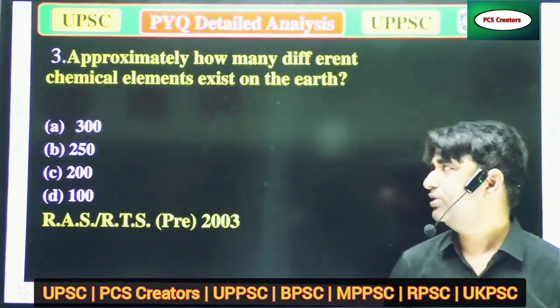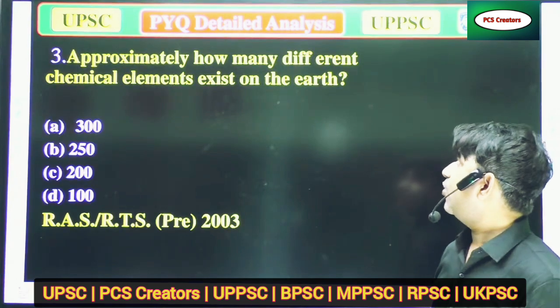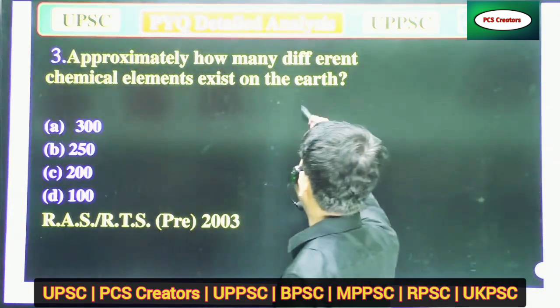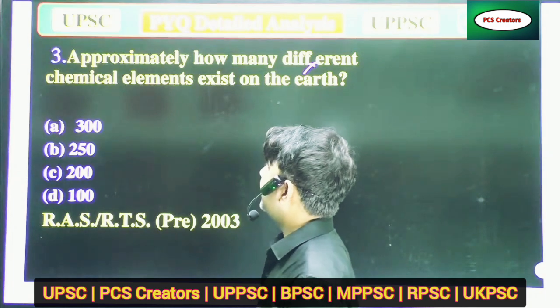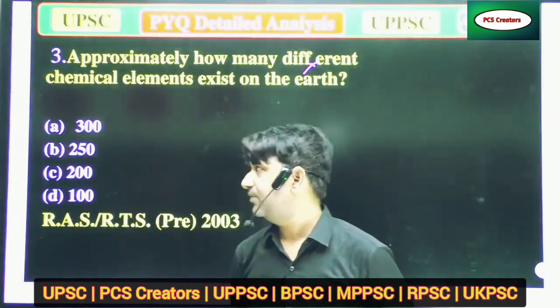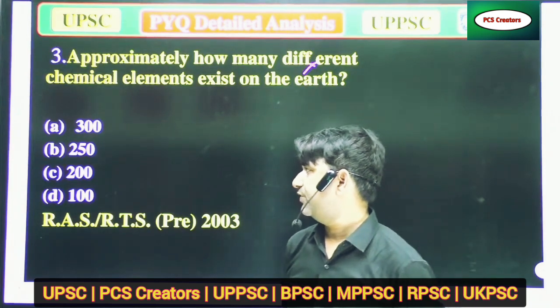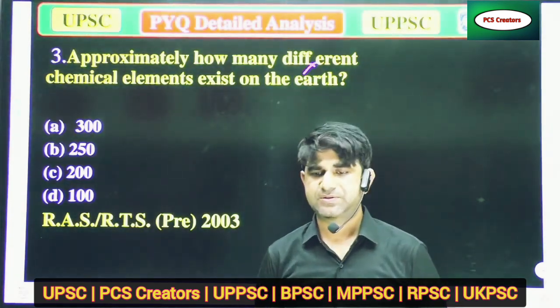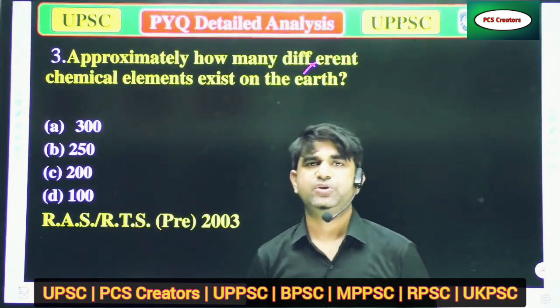Our next question is, approximately how many different chemical elements exist on the earth? Options are A 300, B 250, C 200, and D 100. Tell me fast, everyone who is live there, try to attempt these questions.